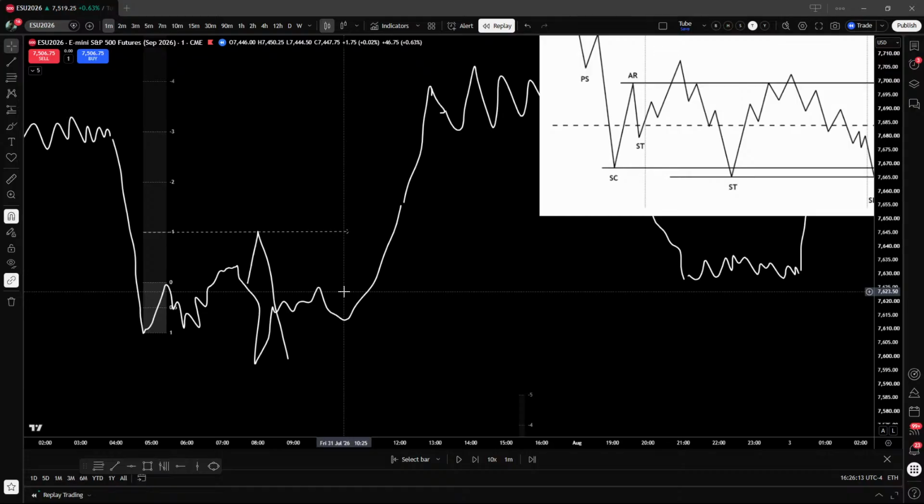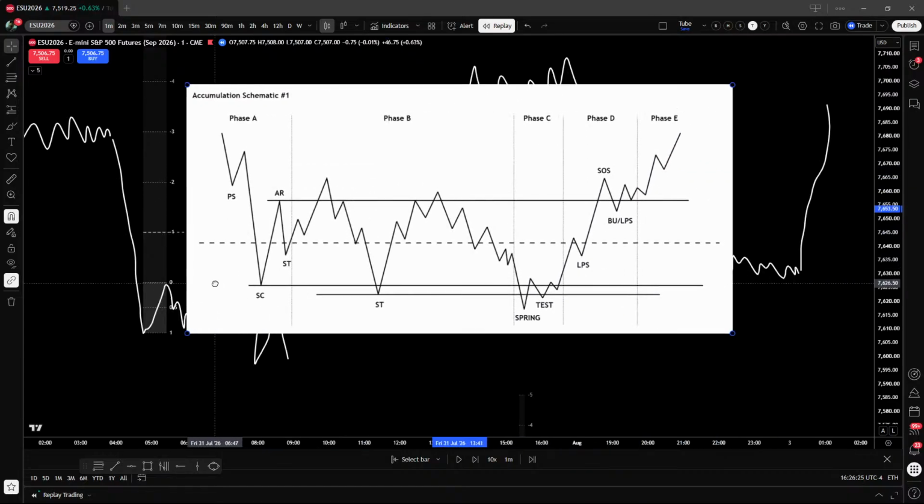I've heard of Wyckoff before. I never had an interest in it. Well, yeah, because honestly, I love ICT and everything, but if you study Wyckoff a little bit, it's basically the same thing, except Wyckoff has a lot more smaller details, which you don't always need.